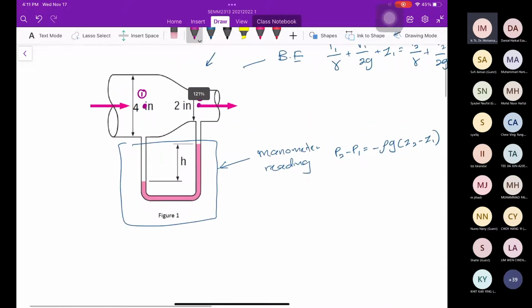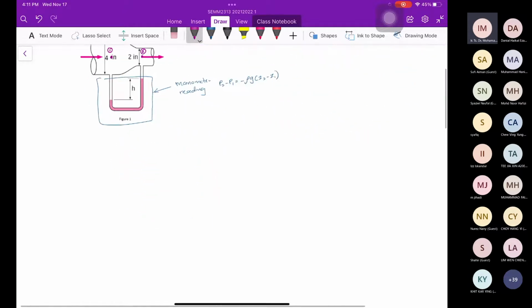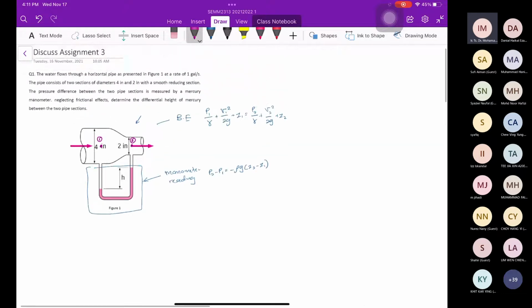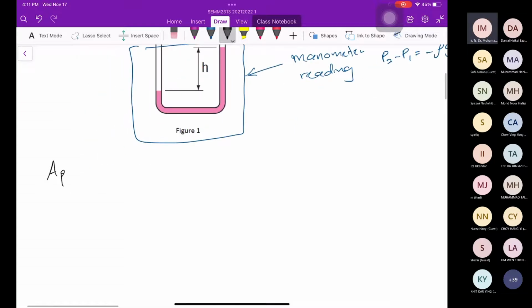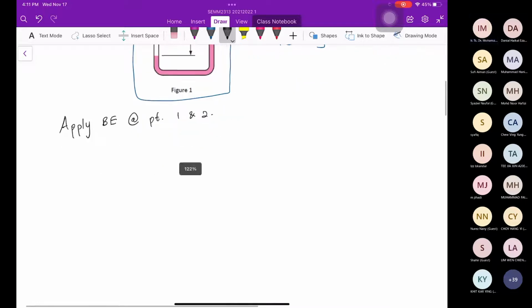This is the imperial unit using inch, alright? So first, we start with the Bernoulli equation. Apply the Bernoulli equation at point 1 and point 2.